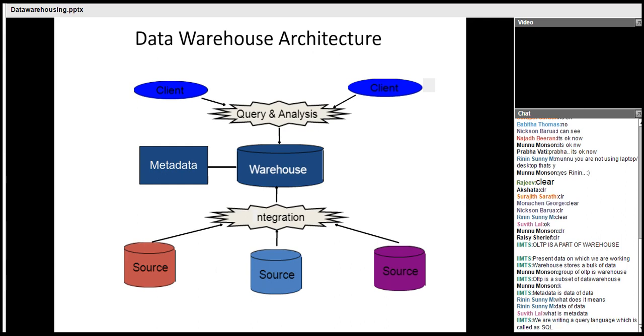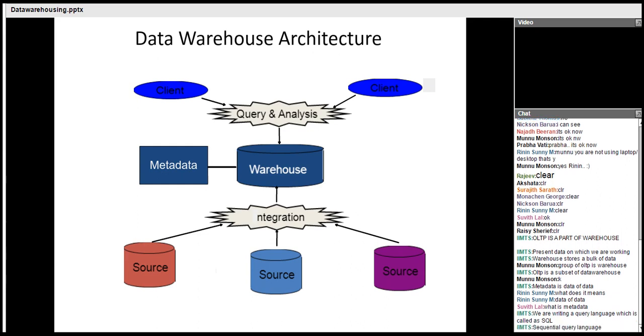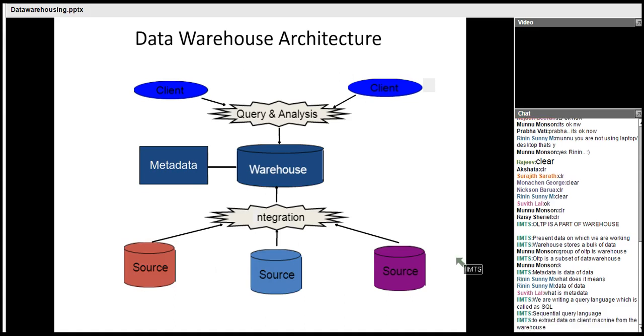What is the full form of SQL? Sequential Query Language, to extract data on client machine from the warehouse. Do you understand? We are writing a sequential query language, that is SQL, to extract data from data warehouse to the client machine.